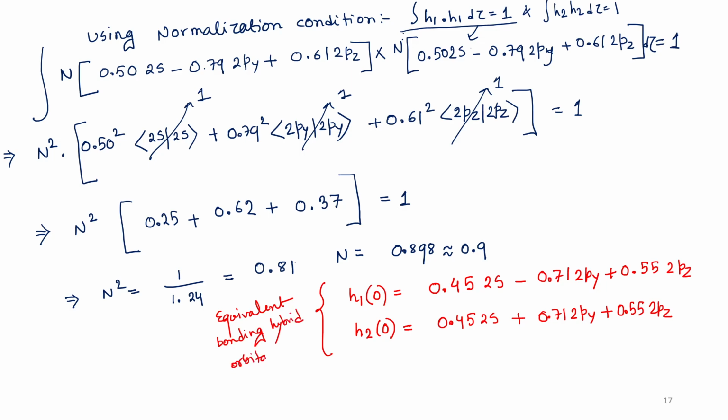Things to notice is what is the percentage of S character, right? The S character, or contribution from the S, is 0.45 square, which is approximately 0.20, and the overall P contribution is 0.71 square plus 0.55 square, or you can say 1 minus 0.20, that is your 0.80, right?